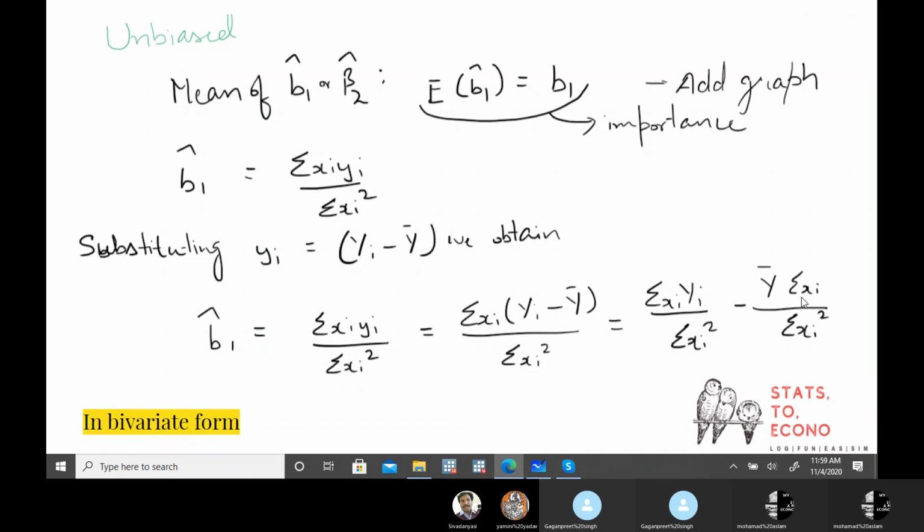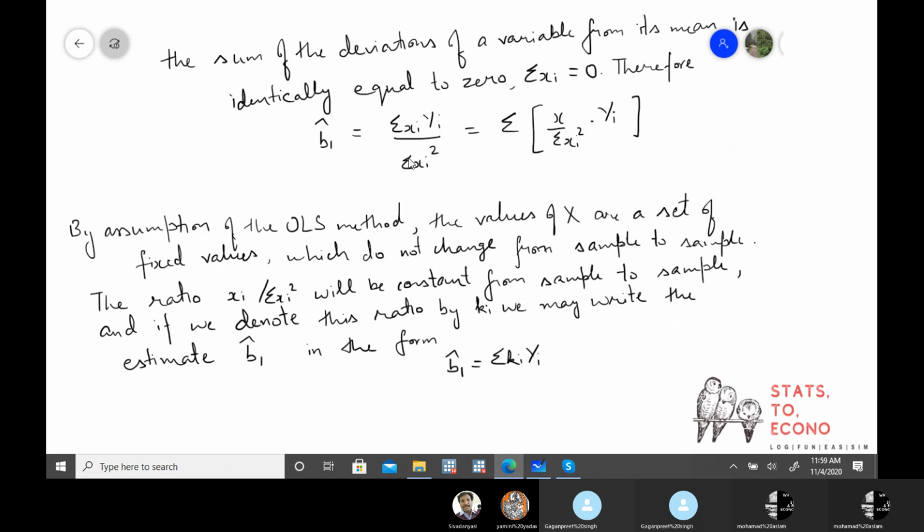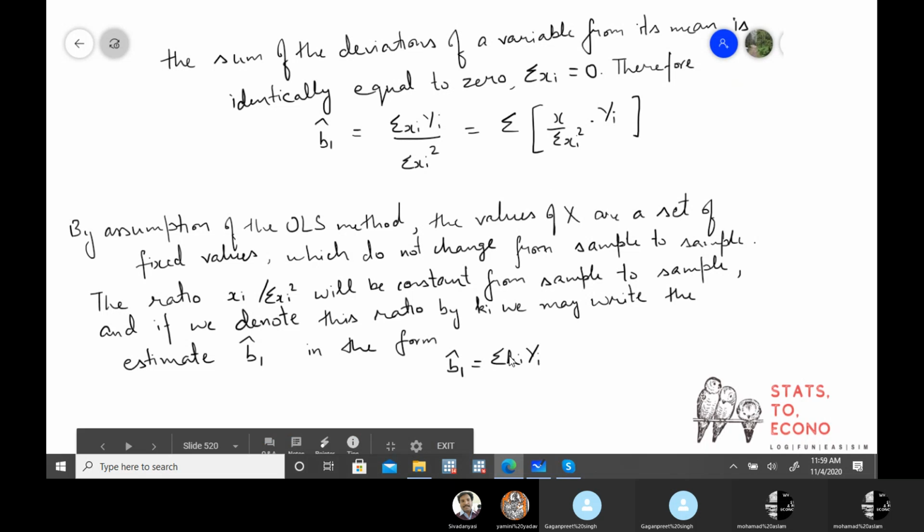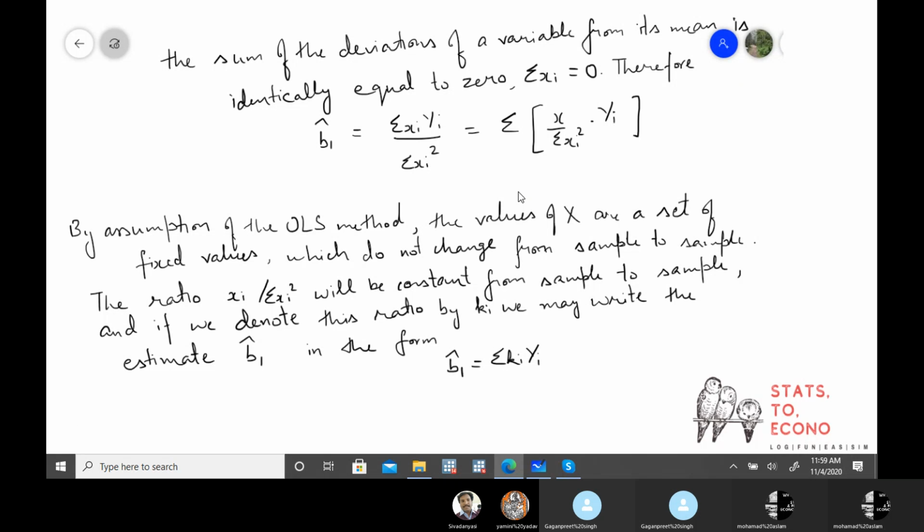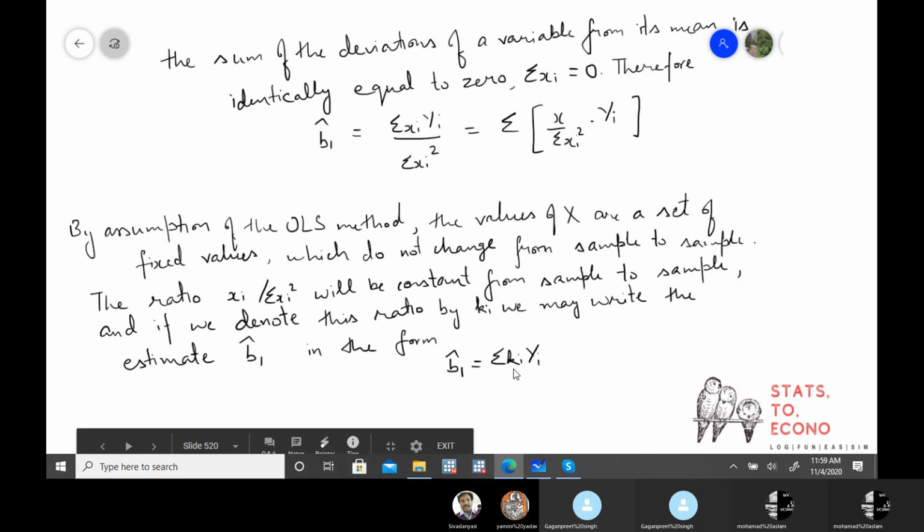I told you that this is equivalent to 0, because if you take a deviation from the mean and take the summation, that is equal to 0. So now we remain with this term, x upon summation xi square. Let's give it a name ki, because the x value is fixed in repeated sampling, so equal weights are there. For simplicity, put it as the notation ki.